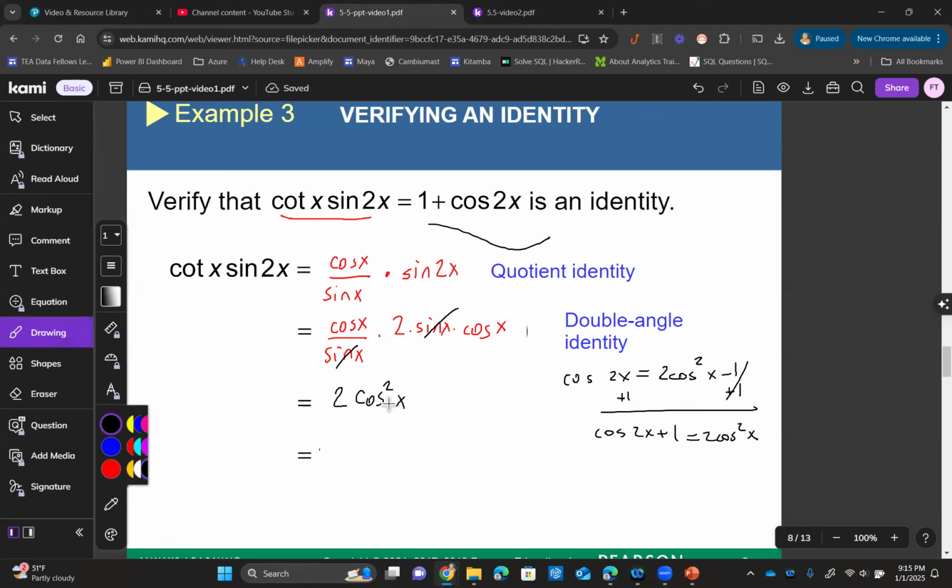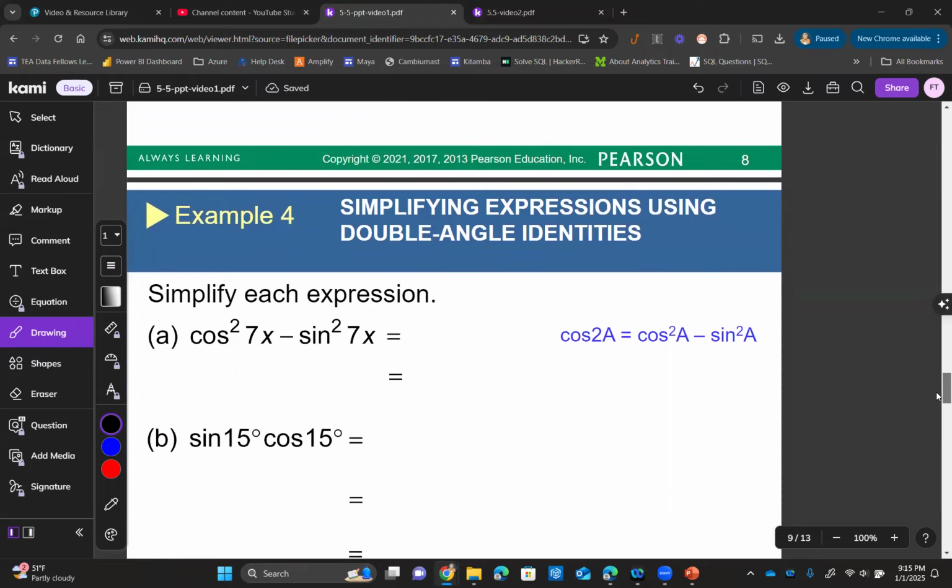So when I go back to here, 2 cosine squared x is the exact same thing as cosine of 2x plus 1, which now matches with the right side of the equation. That's how we do these problems.